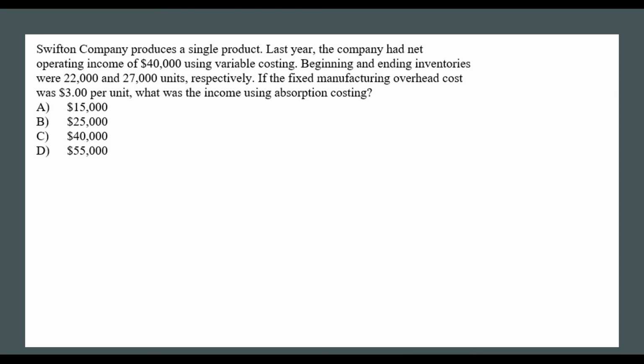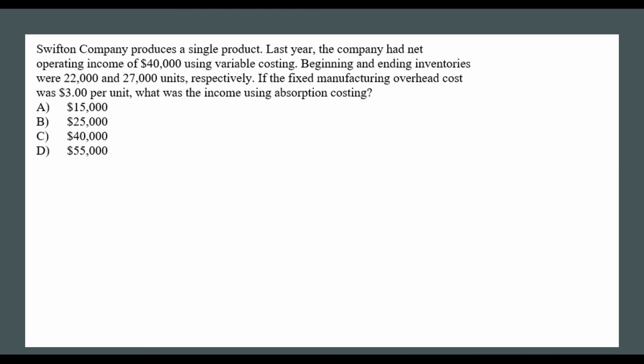Meaning to say, we produced more than what we sold. That is why there is an increase in our inventory of 5,000 units. If we have produced more than what we have sold, the operating income under variable costing is less than the net operating income under absorption costing.